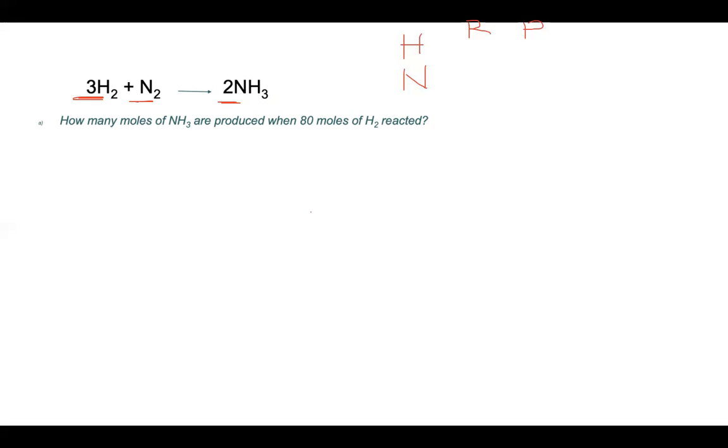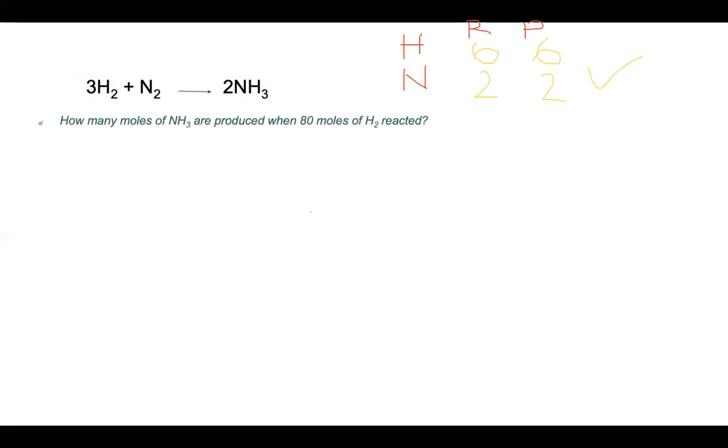On the reactant side, we have this 3 times 2, which is 6. And on the product side, we have this 2 times 3, which is also 6. If we check nitrogen, we have 2 atoms on the reactant side, and 2 on the product side. So this reaction is balanced correctly, and we can move forward to build the box.